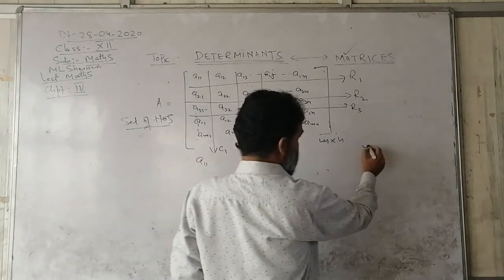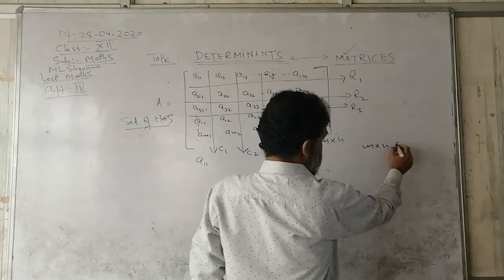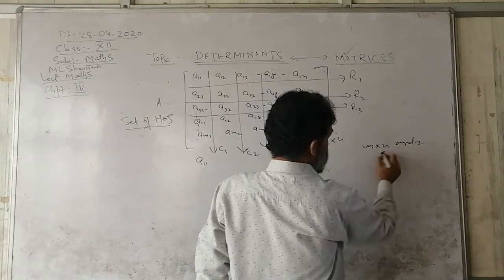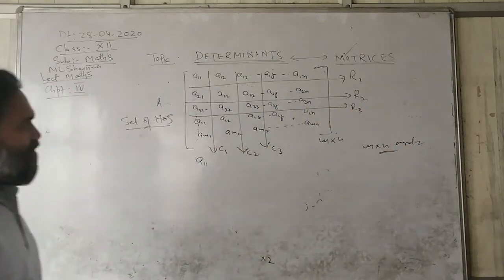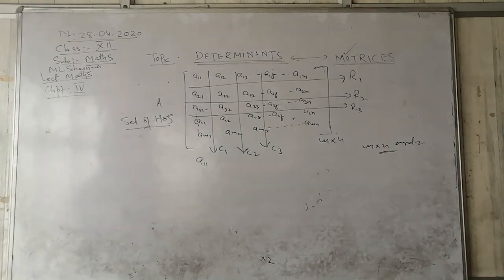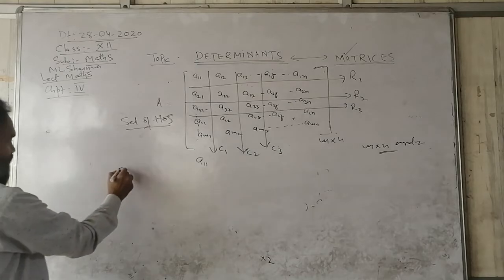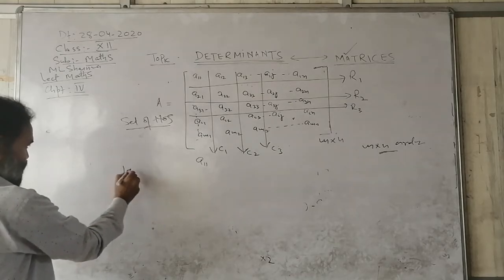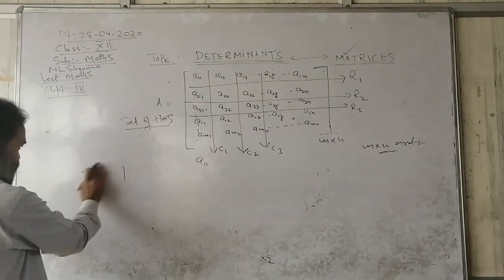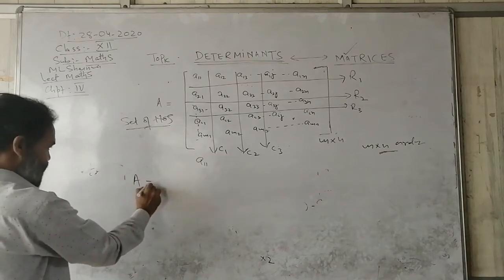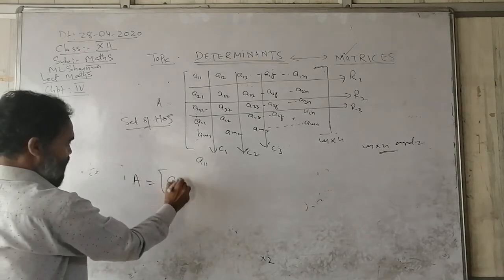So the order of this matrix is m into n. Now from this matrix I can take a matrix of any order. Suppose I have to write a matrix of order 1.